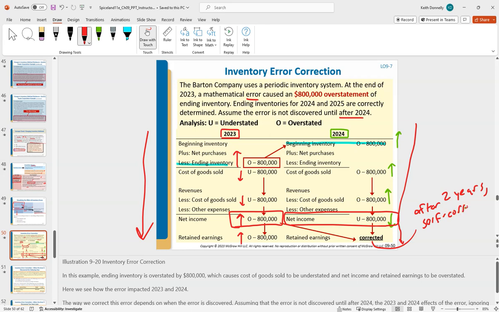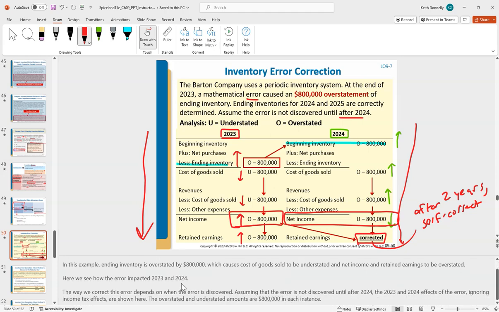It will put you where you should be. It's corrected by the time you hit that retained earnings. So yeah, you can have an error over here. It's going to screw it up, but eventually it will reverse itself out after a 2-year period. So that's what this guy is saying down here.